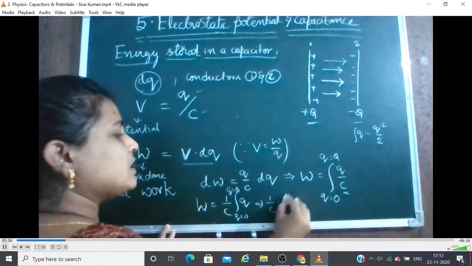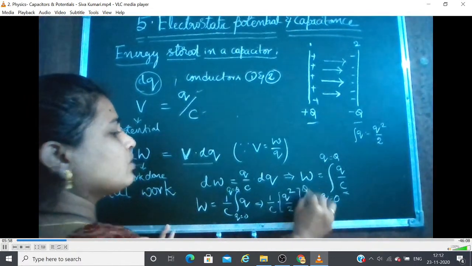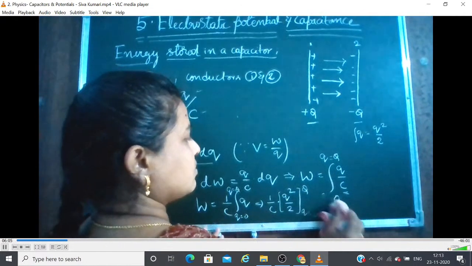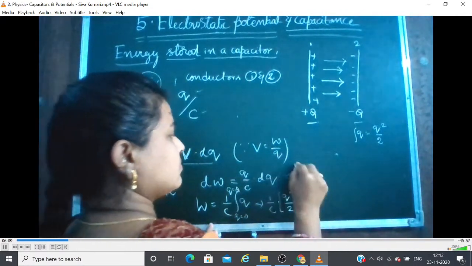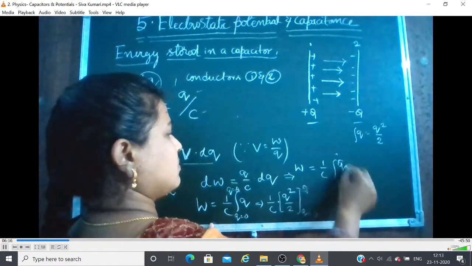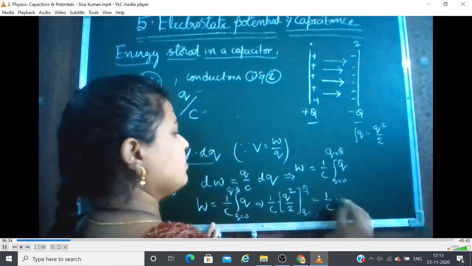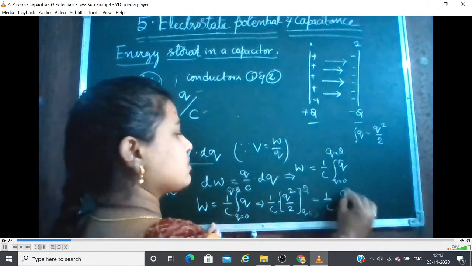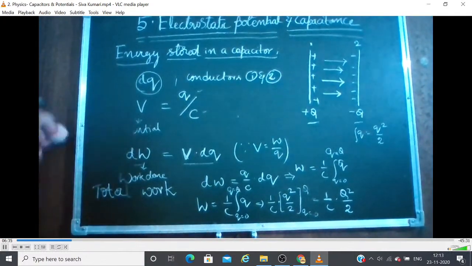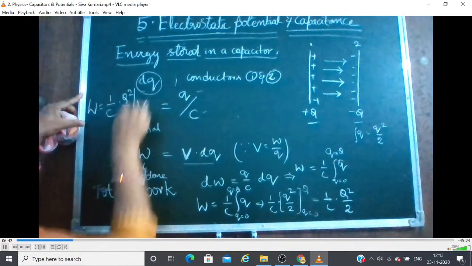So that is 1 by C into Q square by 2, from 0 to Q. Applying the limits, the final equation is W equals to 1 by C into Q square by 2.